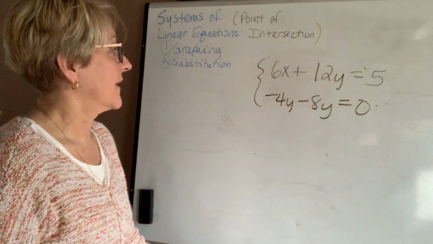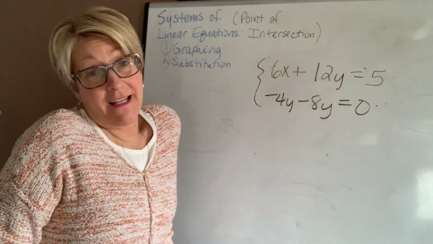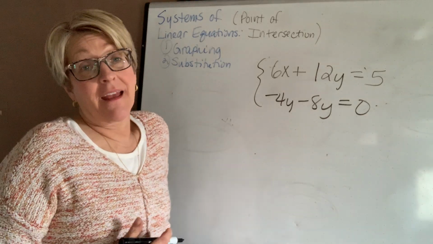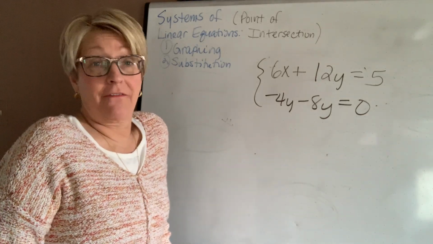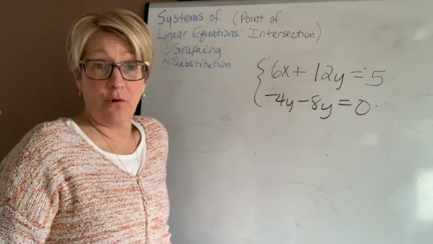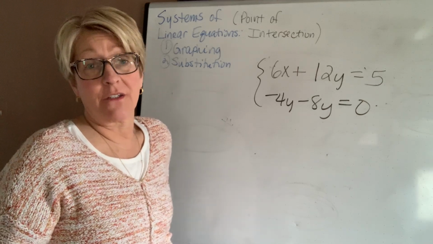Okay, so I already gave you a heads up that this is going to be no solution. But what happens if you don't have a heads up, if you're just beginning looking at this system and trying to work your way to find the solution? What's it going to look like?